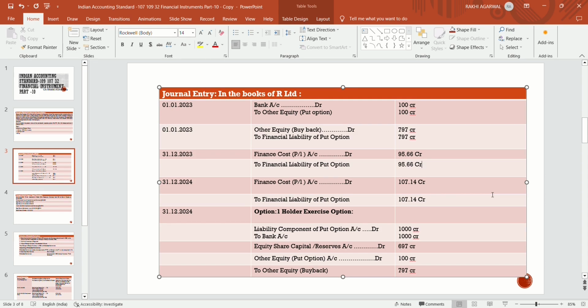So other equity buyback, which is 797 crores, is to be credited. Other equity put option is debited by 100 crores, and the balancing figure is to be transferred to equity share capital or reserve by 697 crores. In this way, the accounting entry is to be done.